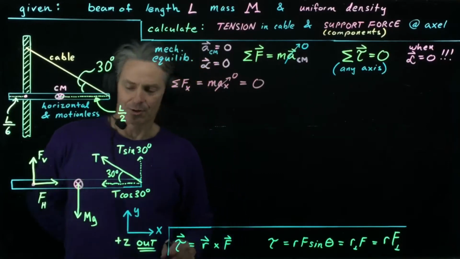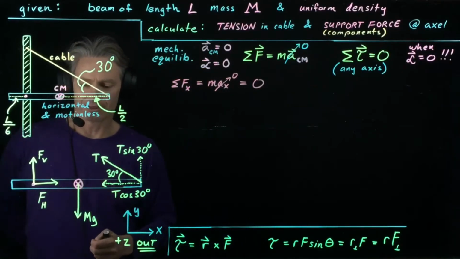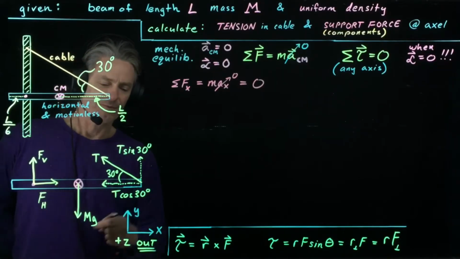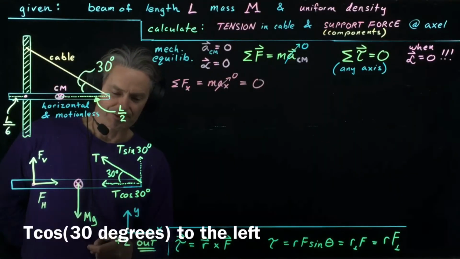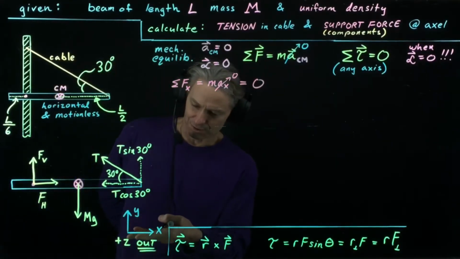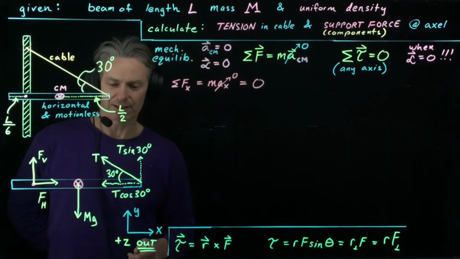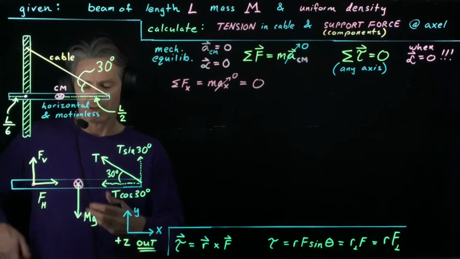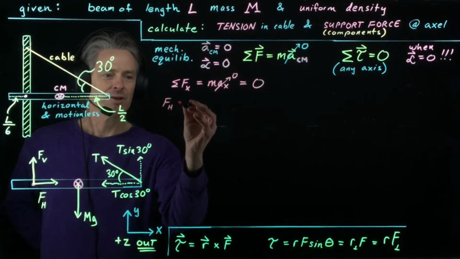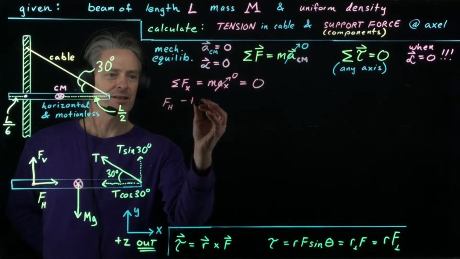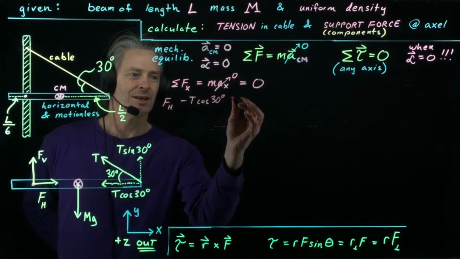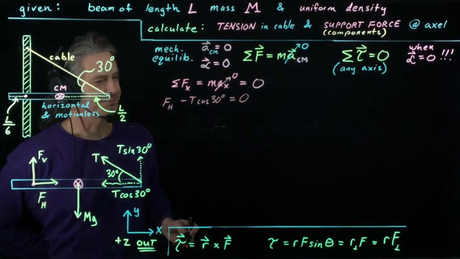So let's look at our free body diagram. We've got, in the x direction, F sub h to the right. We've got T cosine theta to the left. Right is positive, left is negative in our chosen coordinate system, and we've got nothing else, so we can plug those in. F sub h plus a negative T cosine 30 degrees equals 0.